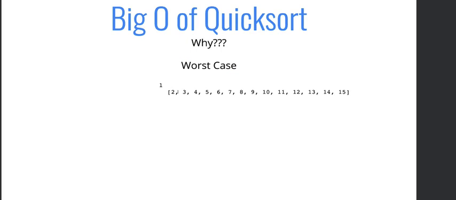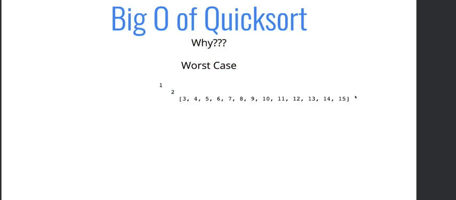Well, we compare it to every item in that array, but nothing is less than it. So that decomposition really only gave us a single item, and we have this entire subarray left. So every time we go through, each decomposition is only one item that we're pivoting on. And so everything moves to the right side with our current algorithm.